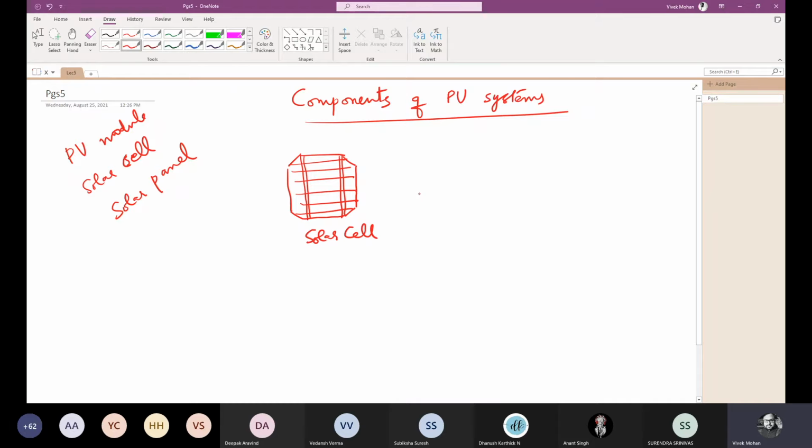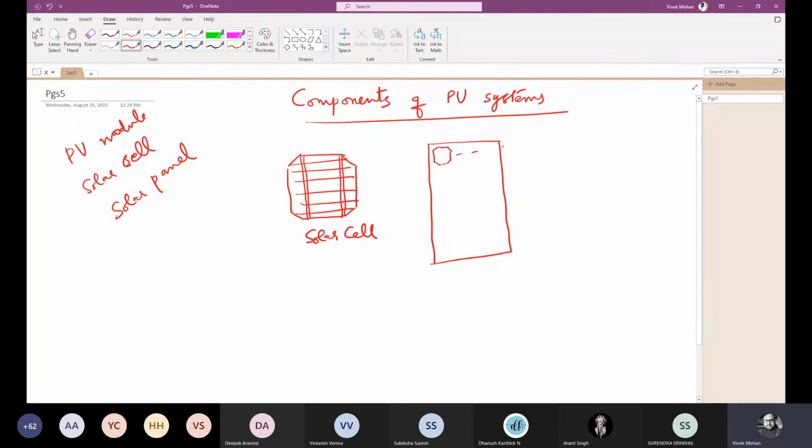Now if such solar cells are connected either in series or parallel to form a PV module, then a PV module is like this, where you will have several solar cells.